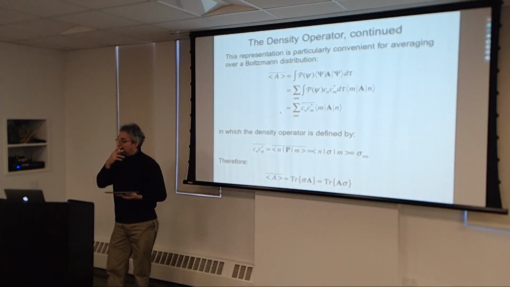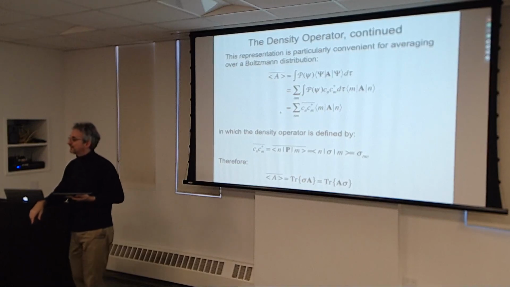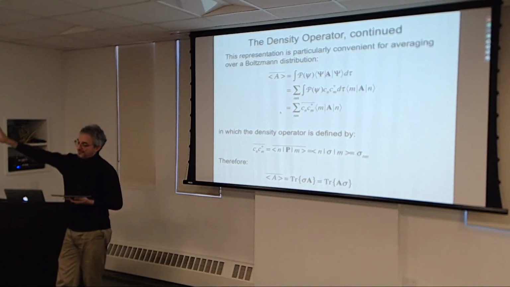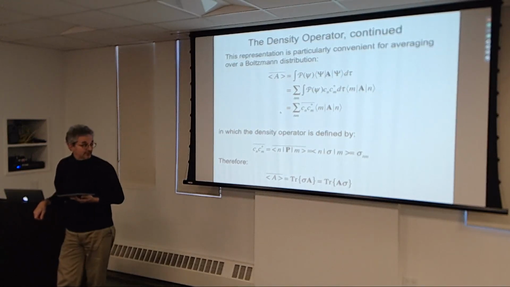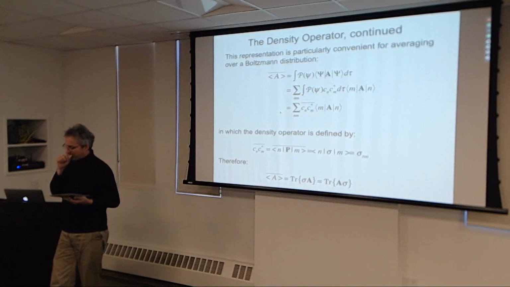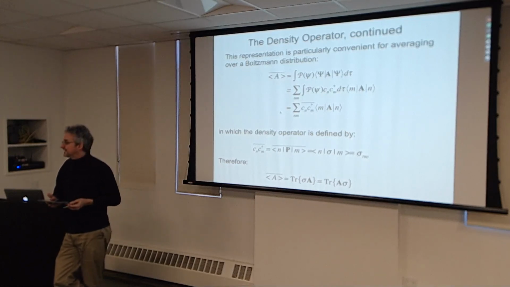So now I have a very compact result that says, if I knew the operator A for my NMR experiment, so I can go ask my physics buddies, I want to detect the NMR signal, what's the operator A given by, and they will tell me, and we'll see that in the next class. If I had some way of figuring out what the density operator was, and it will generally be time dependent, although I didn't show it here, if I know how to figure out what sigma is, I have a recipe for calculating the thermally averaged NMR signal.